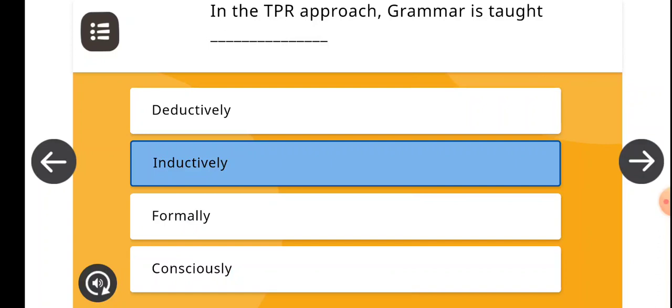Inductively is the right answer, because while teaching the class, we need to mix that grammar into our teaching. Otherwise, it is very difficult for students to learn grammar separately. We need to incorporate grammar in our lessons. We need to mix it. So inductively is the right answer.